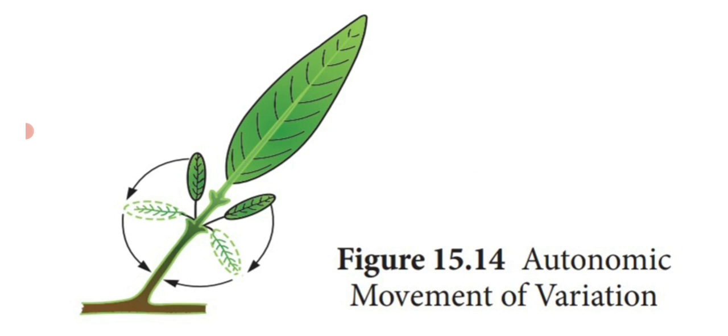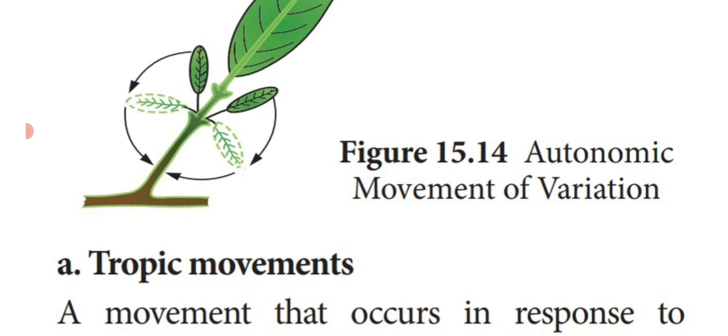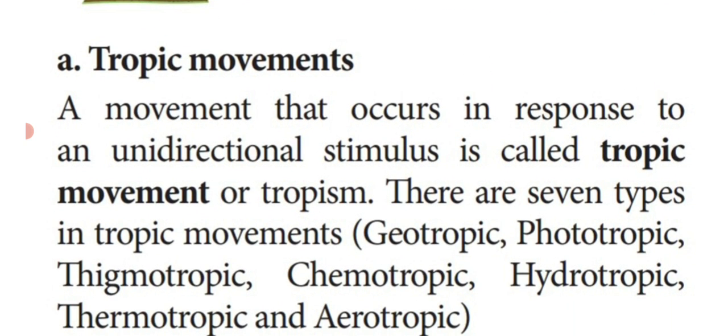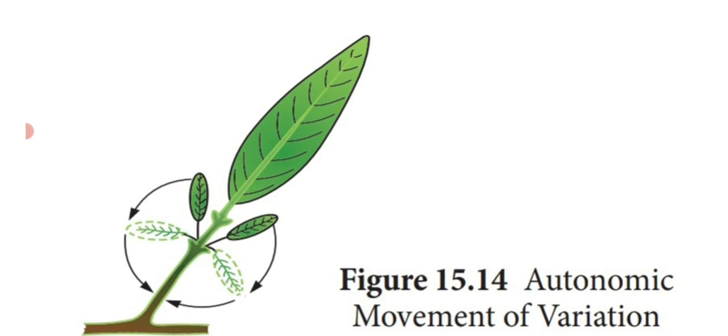Again, they move upward at 90 degrees to come to their original position. This movement takes place parallel to the rachis. Rachis means the central axis. So that is the autonomic movement of variation shown in Desmodium gyrans. It is otherwise known as the Indian telegraph plant.